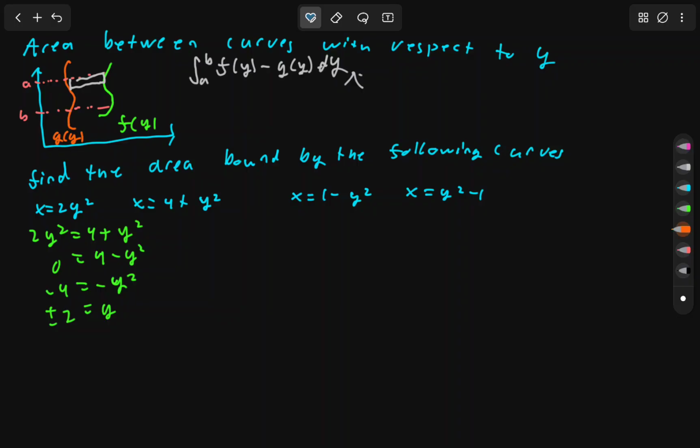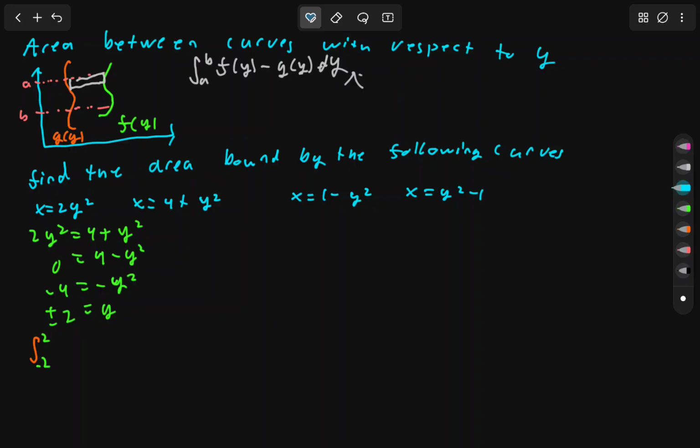So we're really just going to be taking the integral here from negative 2 to 2. Now, which one of these curves is going to be on the right, you might ask? The answer is going to be 4 plus y squared.